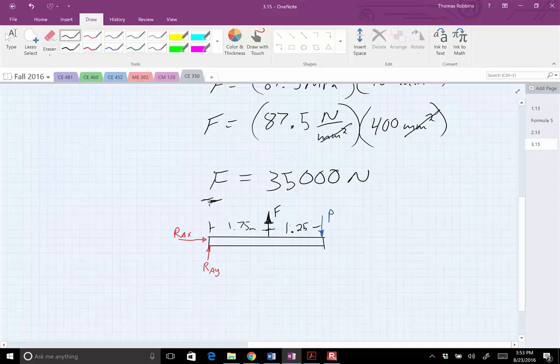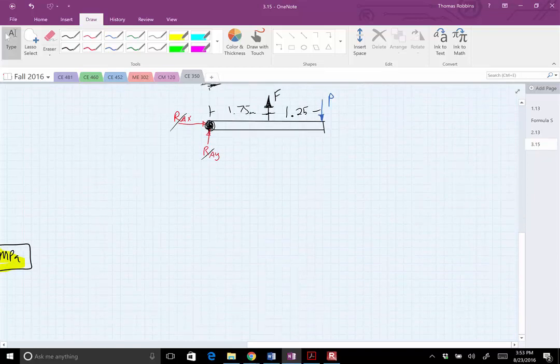Now how do we use our tools of statics to solve for this? We're looking for P. So let's sum the moments about point A, which puts those reactions to 0, and then we'll just have F and P to deal with. So the sum of the moments at point A equals 0. Identify the direction of positive.